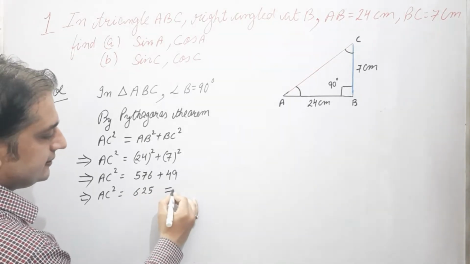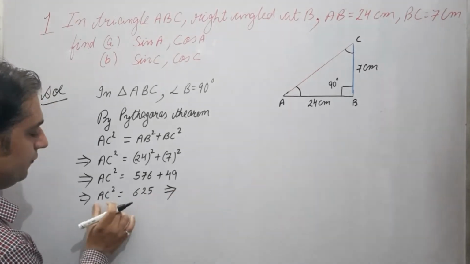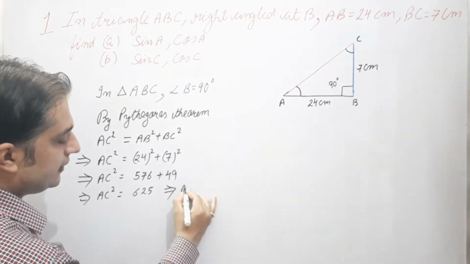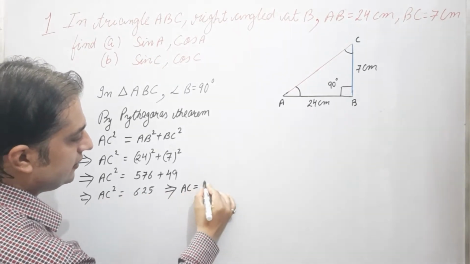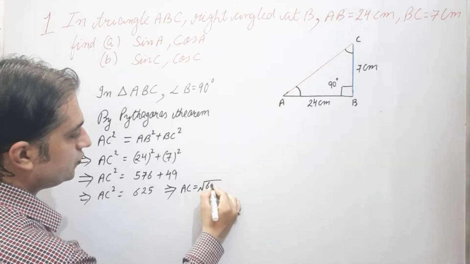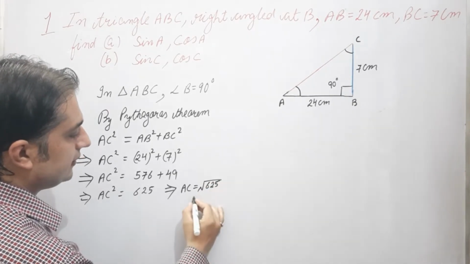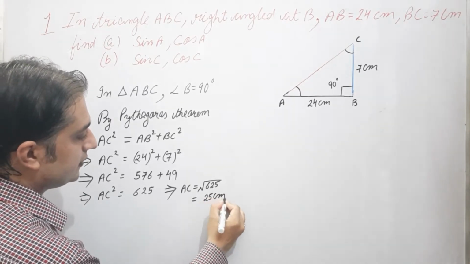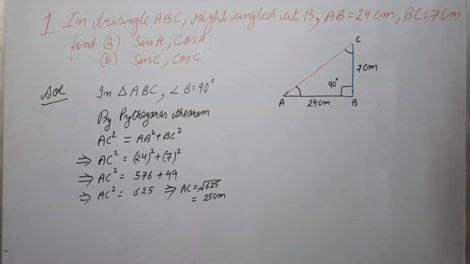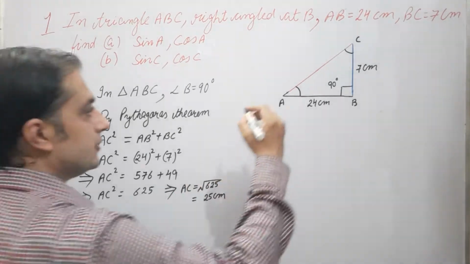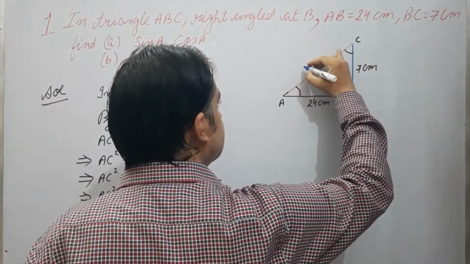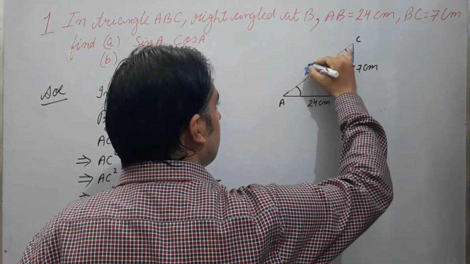We found the value of AC square, so AC is the square root of 625, that is 25 centimeters. So the third side is 25 centimeters, because we need this side for our T ratios.